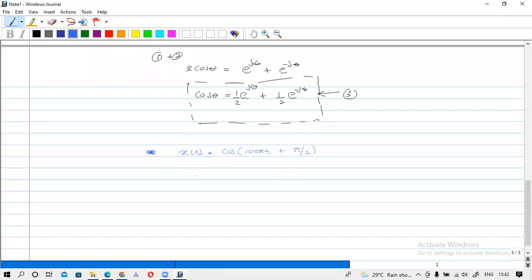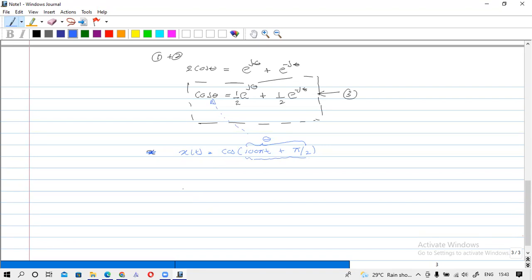So this is the signal, and this whole term is actually theta, because that is the angle. This whole term, 105t plus 5 by 2, is equal to theta, if we compare it with this equation.